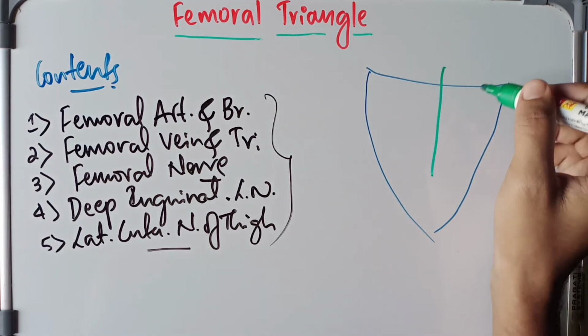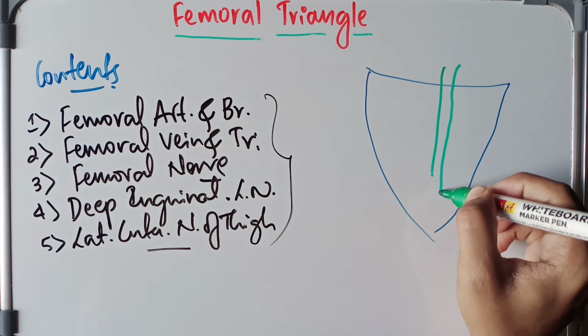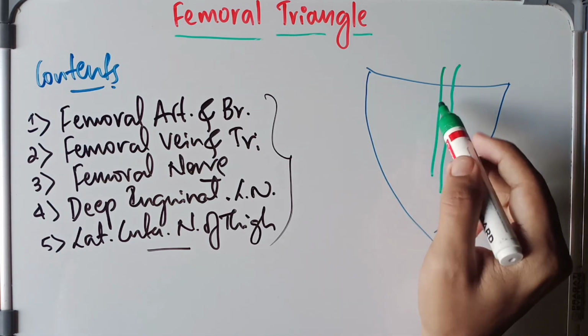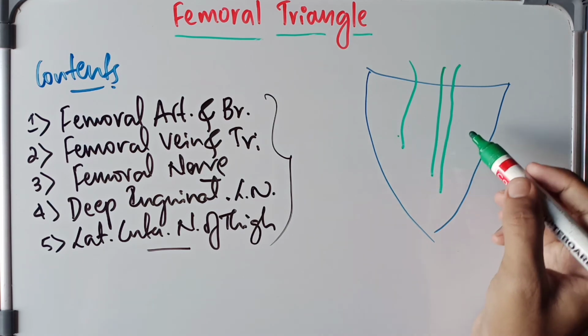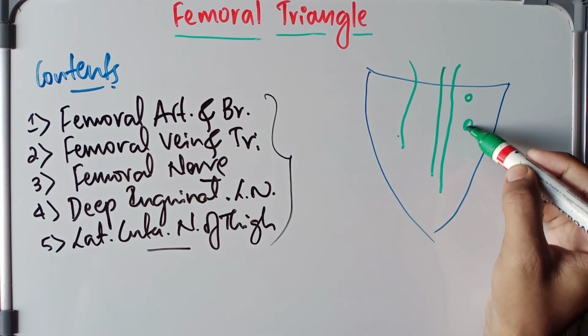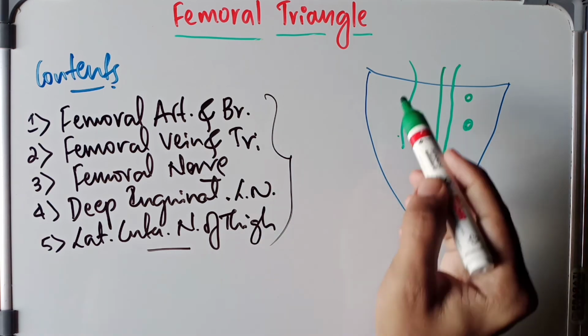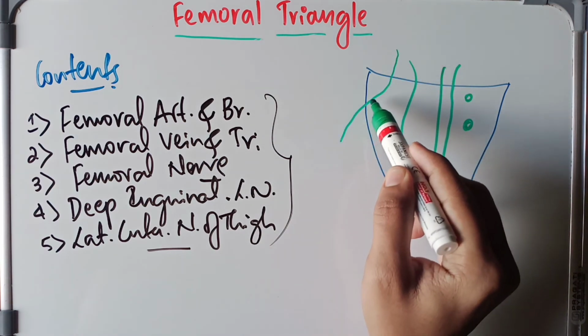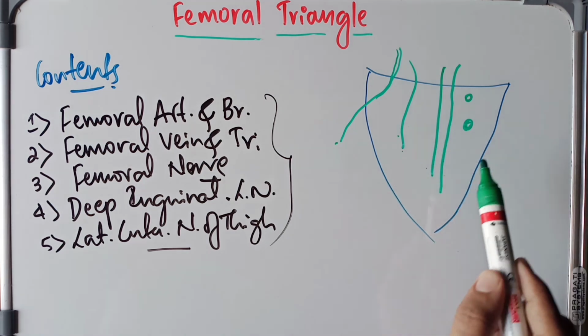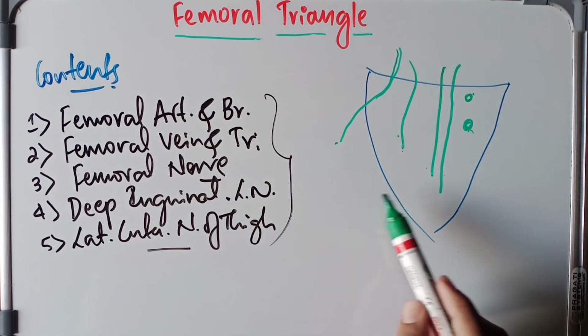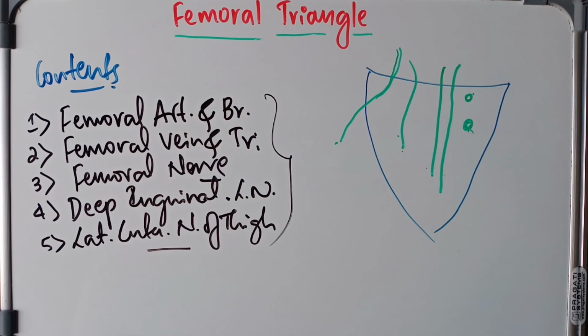Just beside the artery you will find the femoral vein, and on the other side of the artery you will find the femoral nerve. Then here we will find the deep inguinal lymph nodes, and we are going to find the lateral cutaneous nerve of the thigh somewhere near this edge. So these are all the main structures of the femoral triangle, and this is how you need to draw the femoral triangle to show its contents as well.